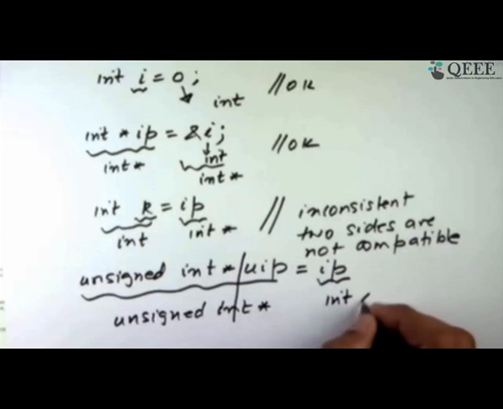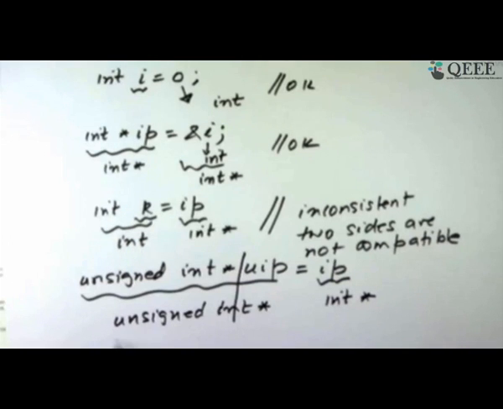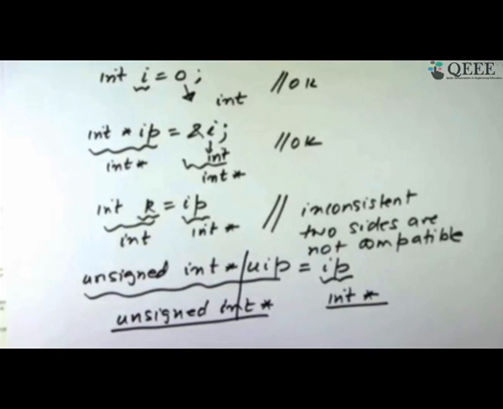Defined above. This is int star. Okay, so again there is a problem. Though they belong to the same family, they are not really the same. This is a pointer to an integer. This integer could be signed or unsigned both, but the left hand side says I want only unsigned integers. So again there is incompatibility. Okay, they are not compatible.